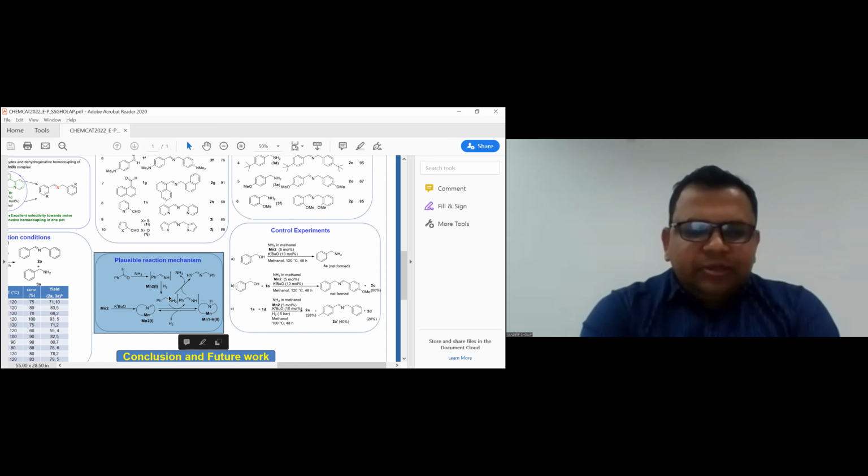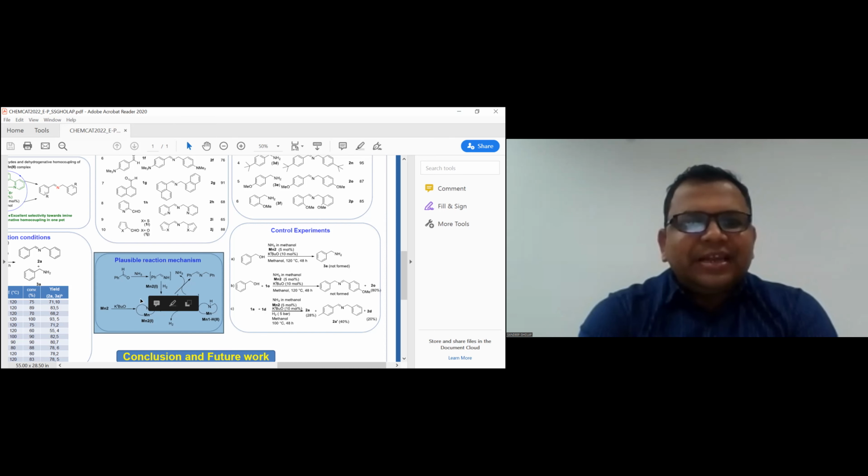Earlier we observed that this type of catalyst intermediate might be possible, although we were not able to isolate those intermediates, but we are working on DFT calculations to provide some strong support for our method.